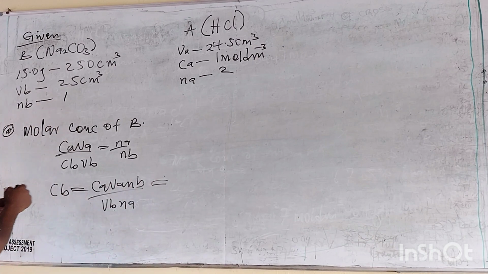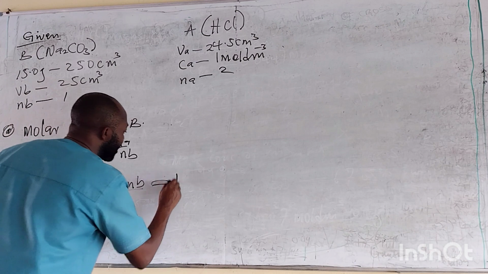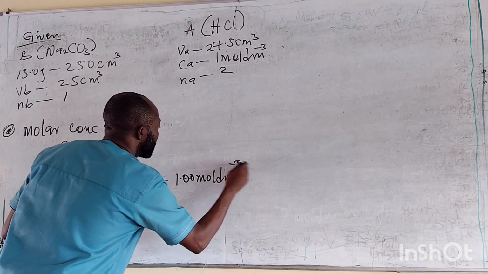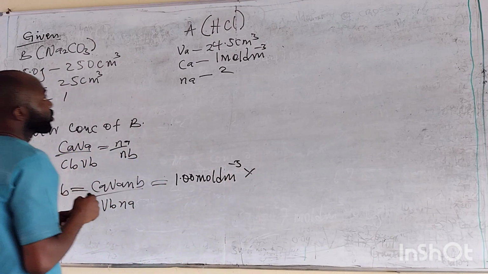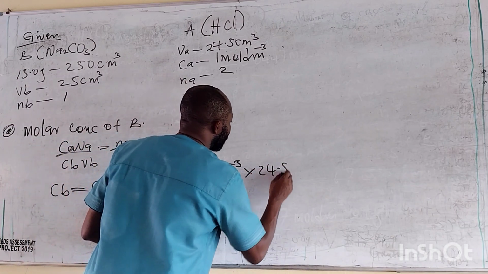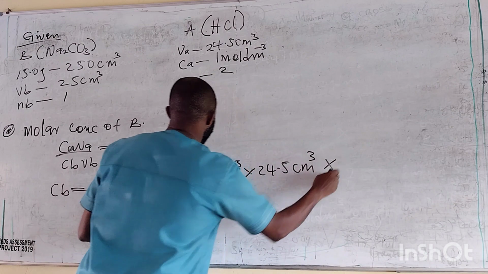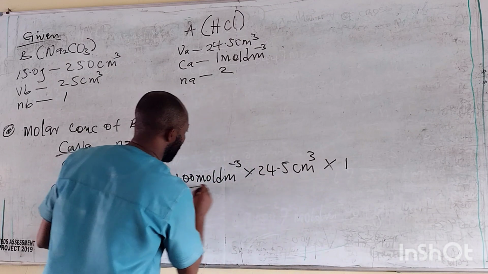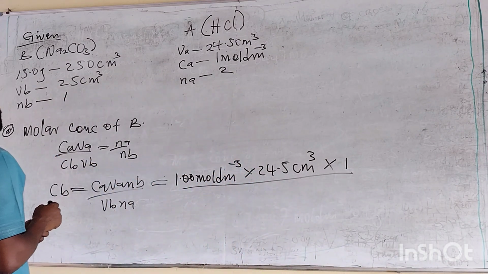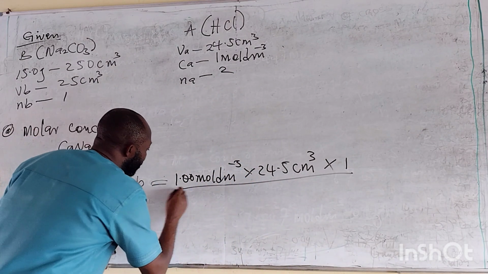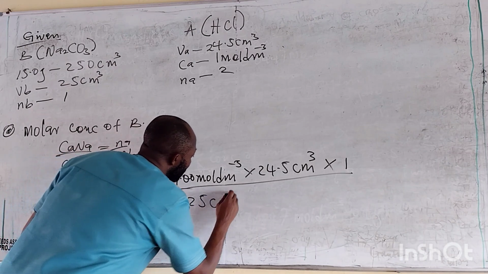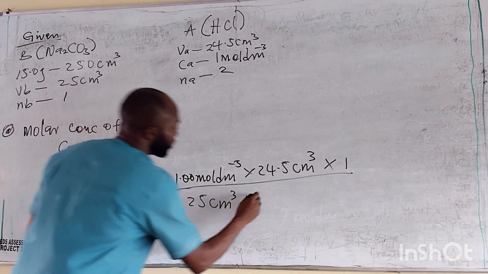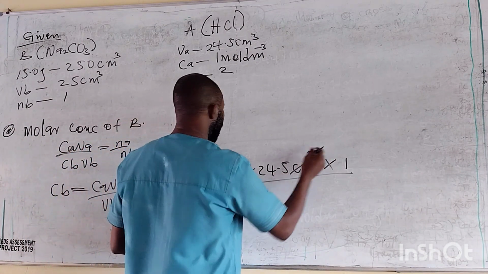And this is equal to the concentration of the acid, which is given to be 1.00 mole per dm³, times volume of the acid, 24.5 cm³, times number of moles of the base NB, which is 1, all over the volume of the base, 25 cm³, times number of moles of the acid NA, which is 2. So cm³ goes with cm³.